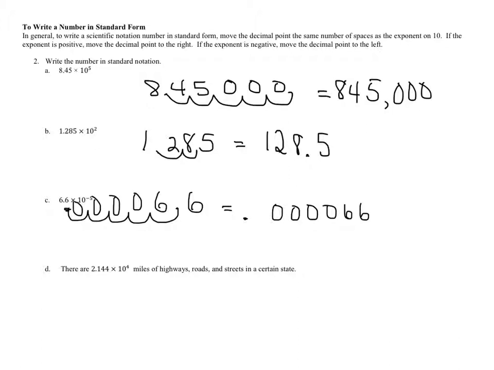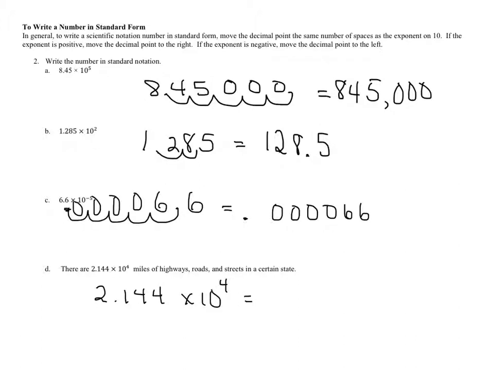And then finally D, there are 2.144 times 10 to the 4th miles of highways, roads, and streets in a certain state. So I am going to move the decimal point again to the right 4 places to get the standard form for this number.